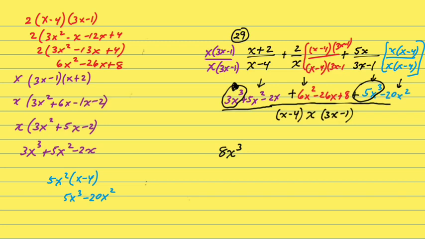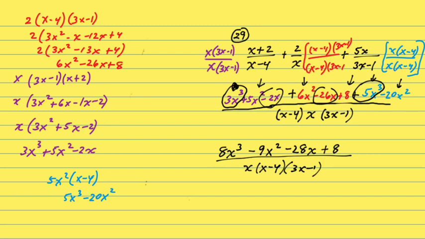Minus 20, does that make negative 9? And how about x's? You have a negative 2x, a negative 26x, that's negative 28x. Are there any constants on top? Looks like there's an 8 right there. And it would be over x, x minus 4, 3x minus 1.